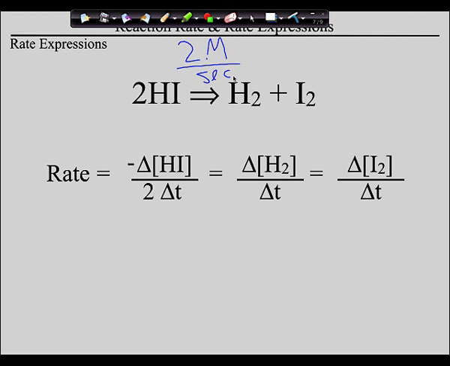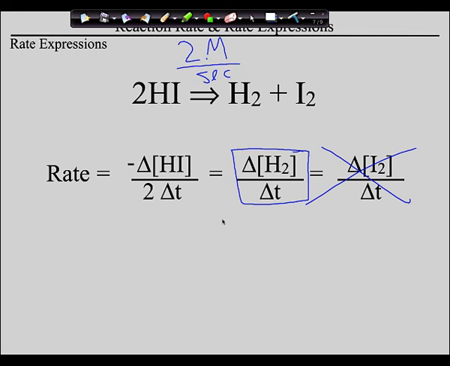Guys, the tricky part is figuring out how do you plug data into this. Well, first of all, we can get rid of that because we're not talking about the iodine. Then, here's the way to do this. This is your variable. This is what we're given. Change in molarity divided by change in time.